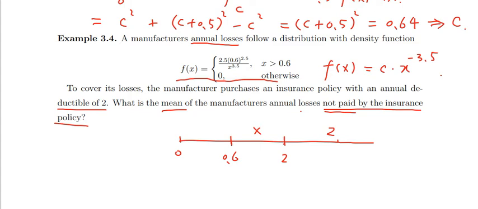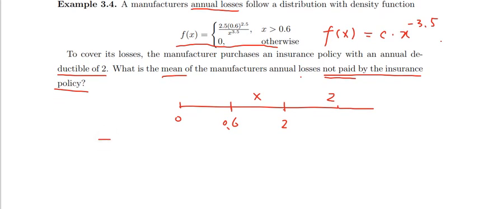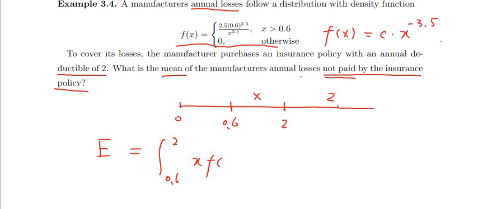So we want to find the mean of the not paid amount. From 0.6 to 2, not paid is x, times the density function, plus from 2 to infinity, not paid is 2, times f(x) dx.